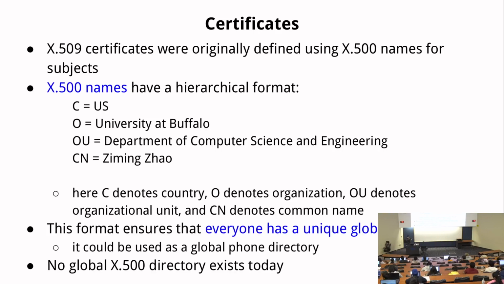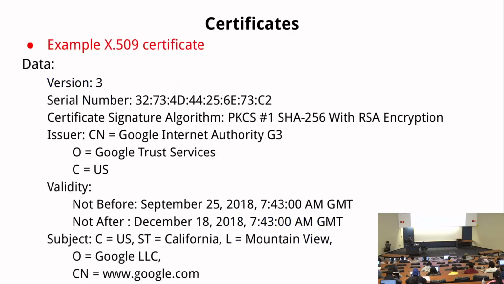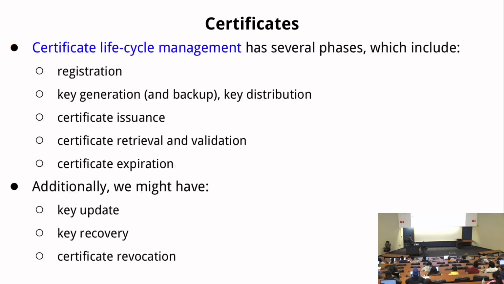For example, if I want to generate a certificate for myself, then I will say the country US, organization UB, something like that. This makes sure that no two entities have the same name, so it ensures that everyone has a unique global name. Those are just more examples. We just saw the CBS and the UB certificates.